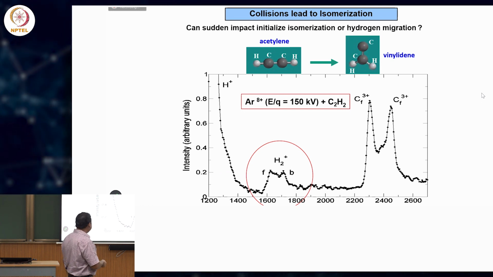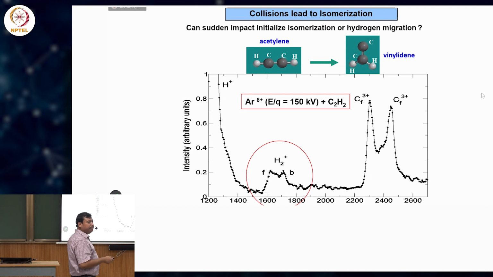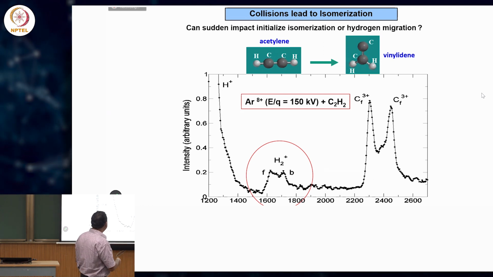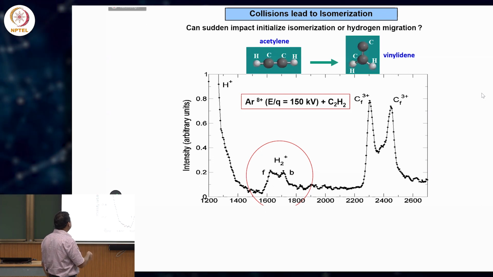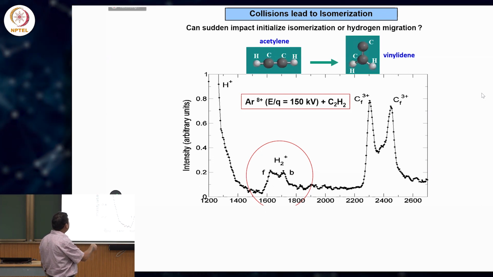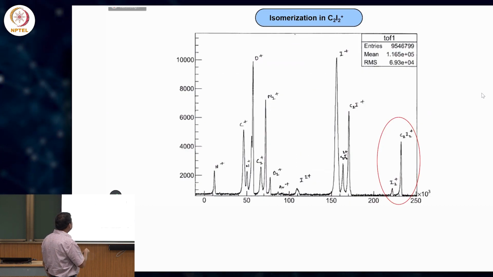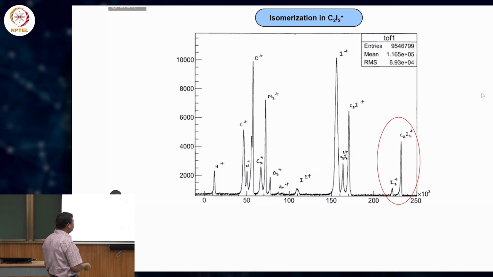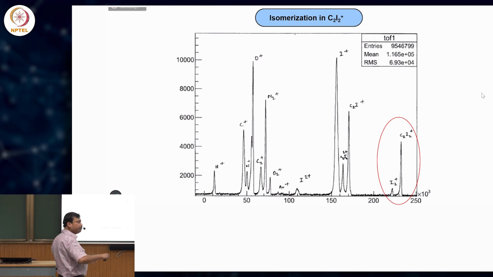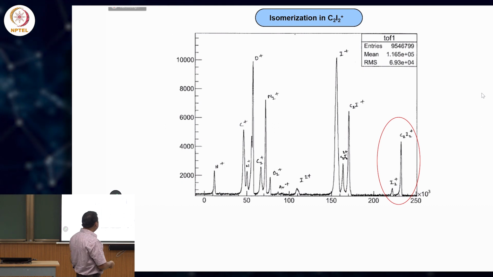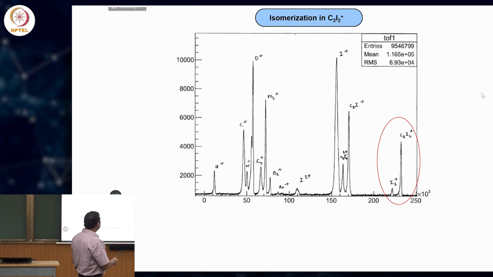Isomerization happens in many natural processes, and it is either a heavy bending mode which moves one hydrogen to the other side. We also saw isomerization for iodine, C2I2 plus. So even with the bigger iodine, there are stronger bending modes where you can see this I2 plus.